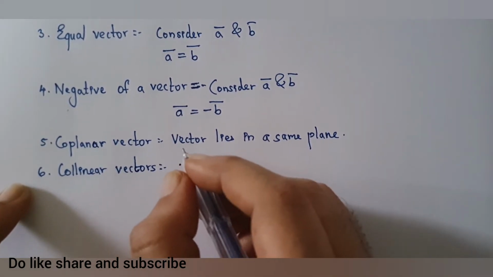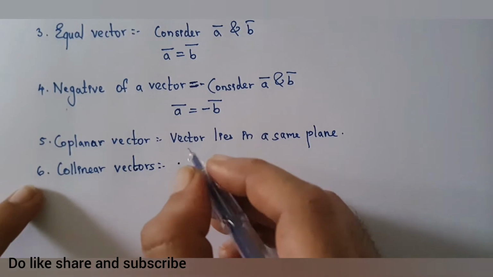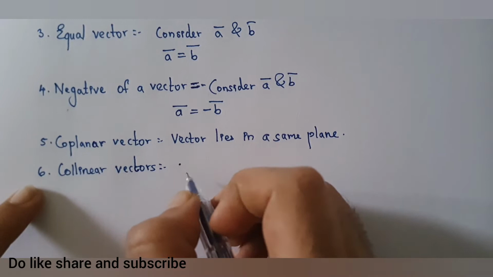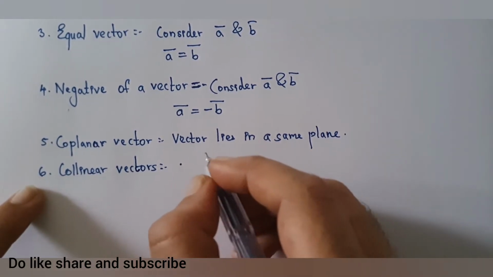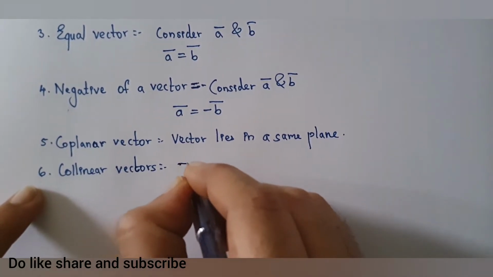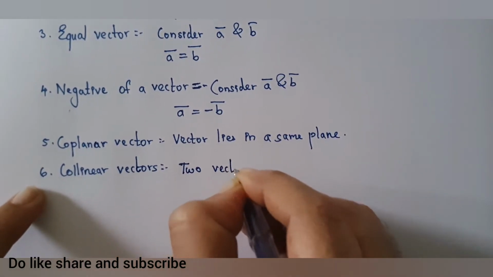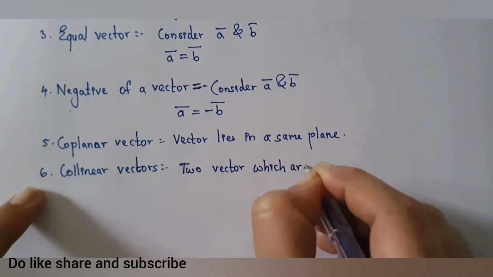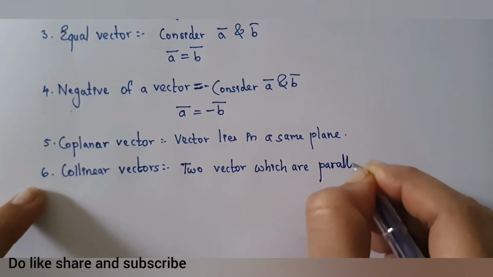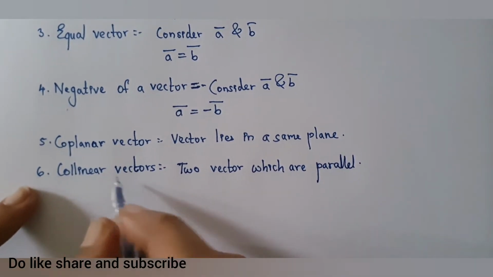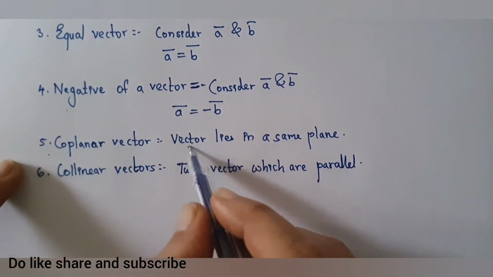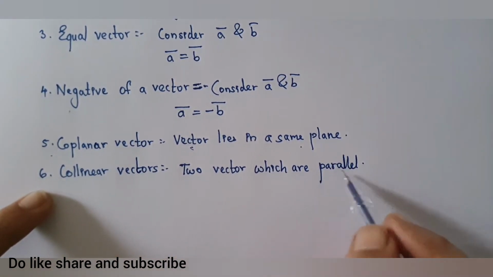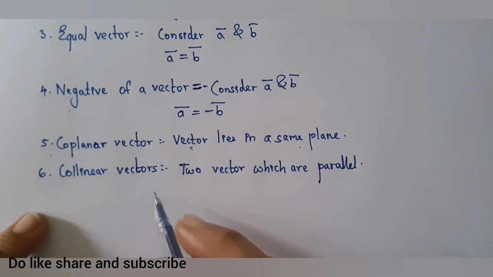Two vectors are said to be collinear vectors when they are parallel to the same line, irrespective of magnitude or direction. So this can be stated as two vectors which are parallel. Don't get confused between collinear vector and coplanar. Coplanar means the vectors lie in the same plane. For collinear vectors, the two vectors lie parallel to each other, not in the same plane.